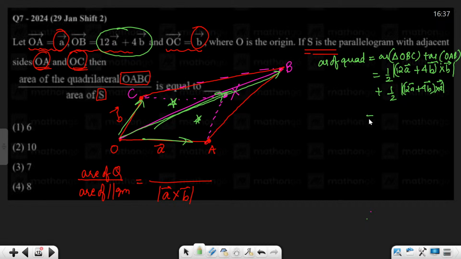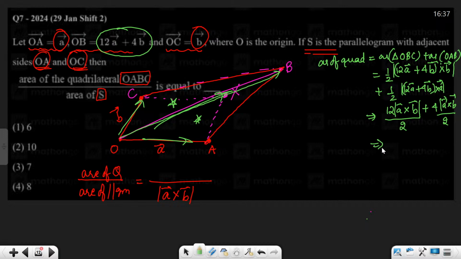Now if you solve it, this is going to become 12A cross B by 2 plus 4B cross A by 2. We are going to add, right, not subtract. So this is 12A cross B by 2 and this is 4 A cross B by 2.